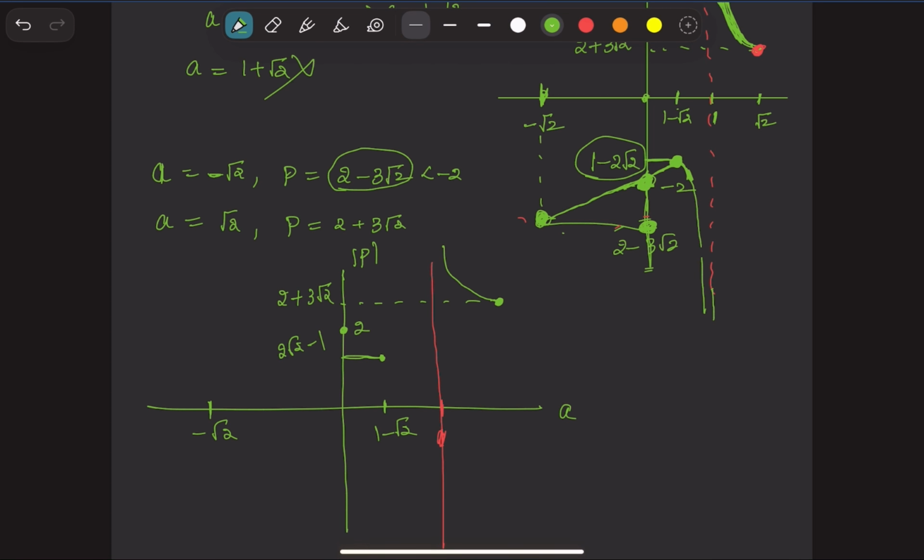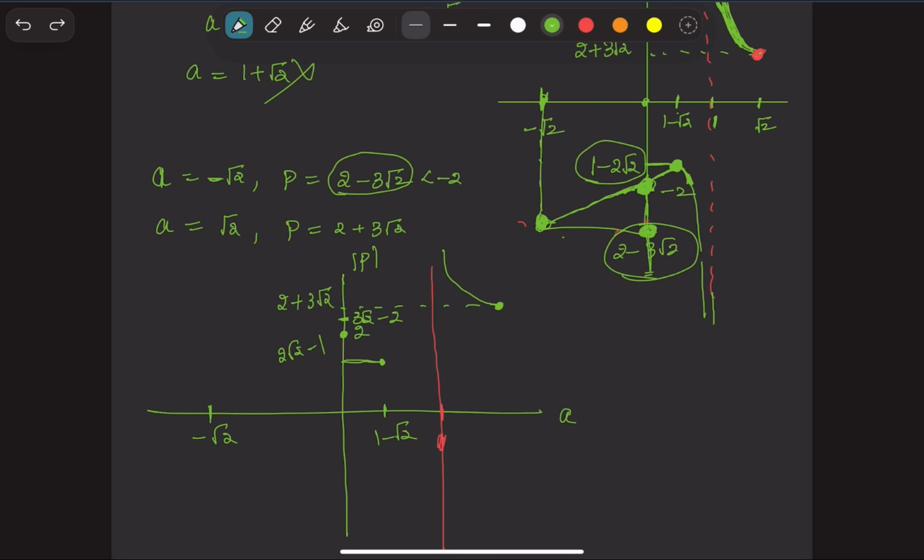So 2 will be somewhere here. At minus root 2, here it is 2 minus 3 root 2, so here it will be 3 root 2 minus 2.